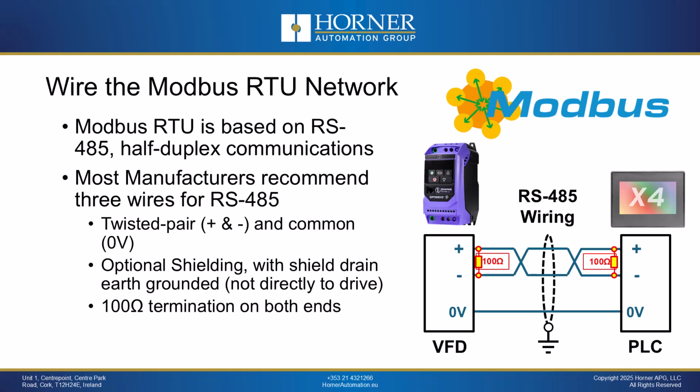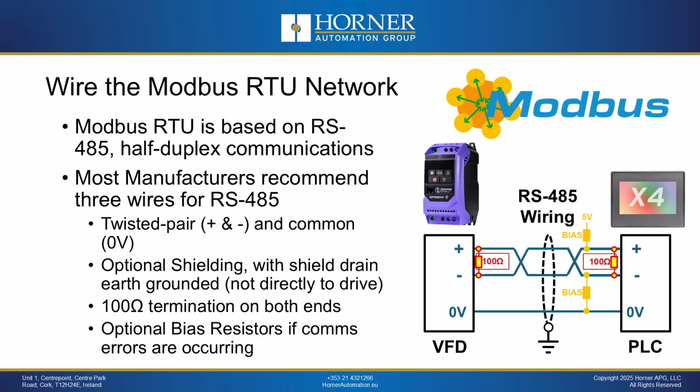To add termination on the drive end, you may need to add a physical resistor depending on the drive. Other drives may have a setting or a switch that you can use to do this instead. In the case of the Invertech drive in our demonstration, we added a physical resistor to that end of the network.